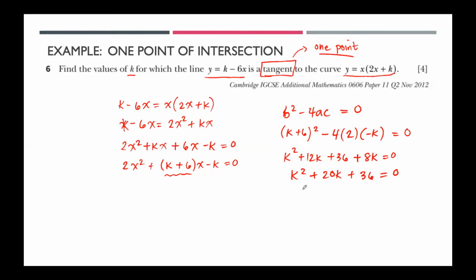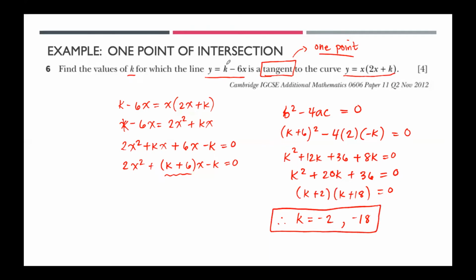This can be factored as (k plus 2) times (k plus 18) equal to 0. Therefore, the values of k are -2 and -18. These will be the values of k such that this linear equation will be tangent to this particular curve.